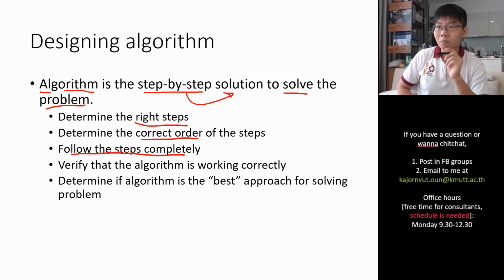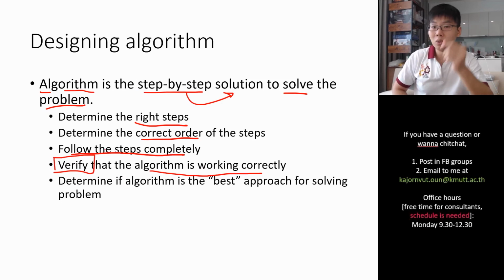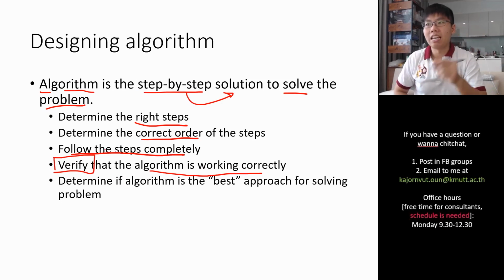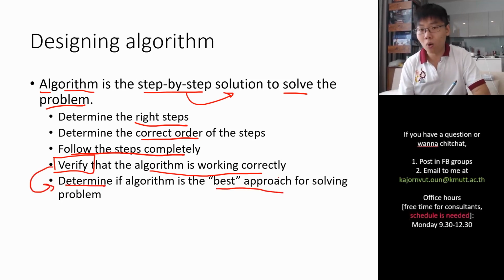So the person who made it knows how it works for sure, and that's why verification of that algorithm can work as well, because you design it, so you can create a test condition for it. Then after verification you need to determine whether it is the best approach yet or not.